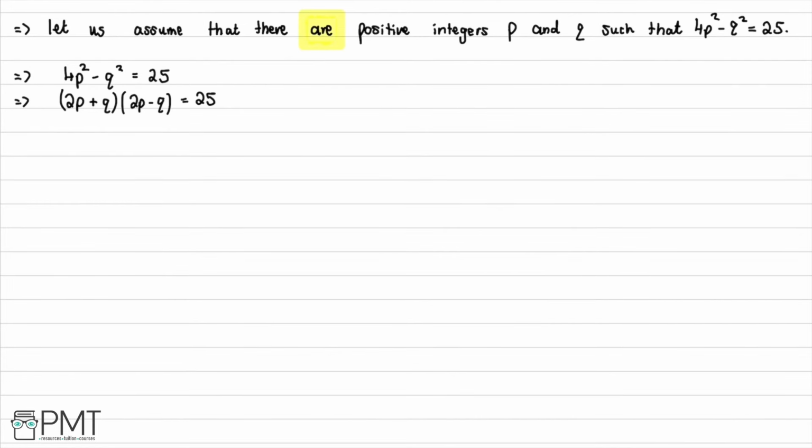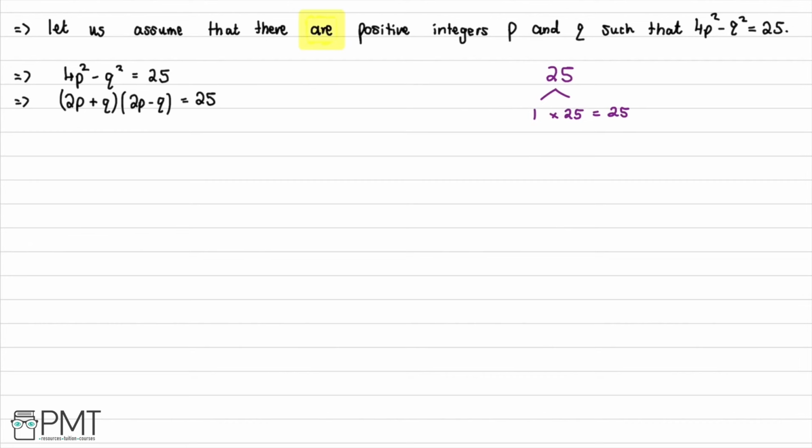We now need to think, what do we do next? If this is going to be true, then we can look at the factors of 25, and each of these brackets is going to equal one of the factors. So if we take 25, what can we multiply together to get 25? This is going to be integers only, so we have 1 multiplied by 25 is equal to 25.